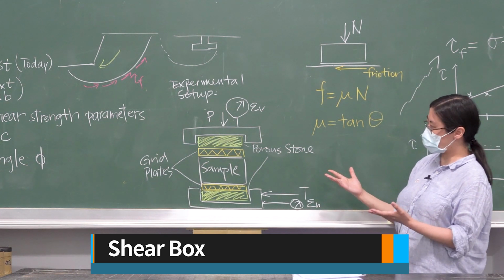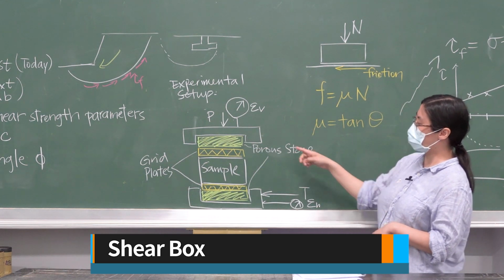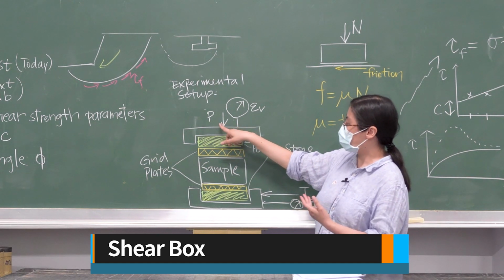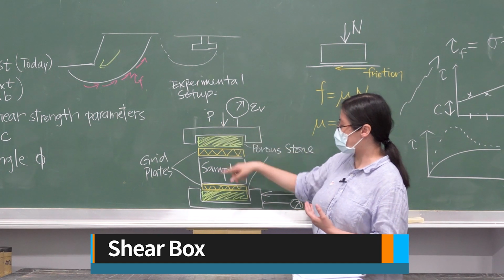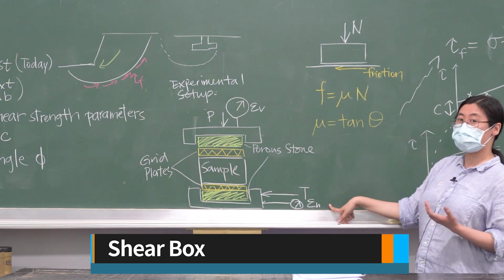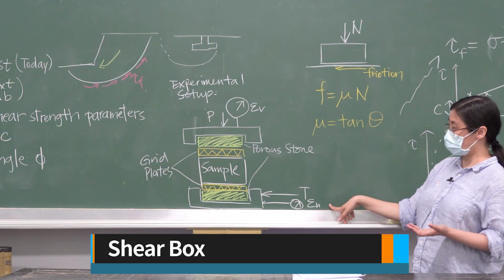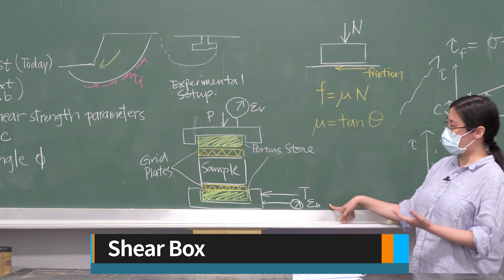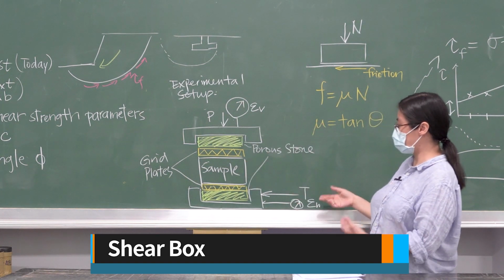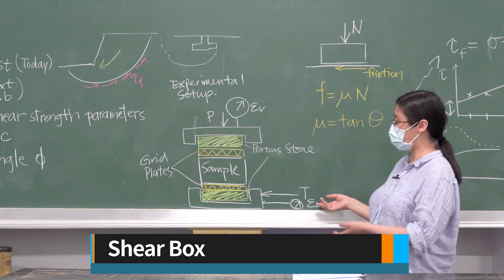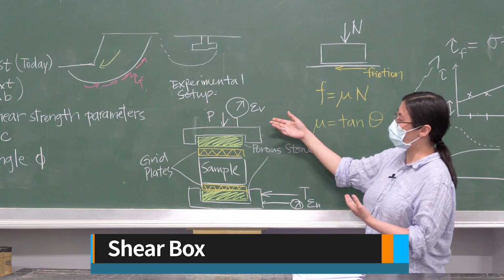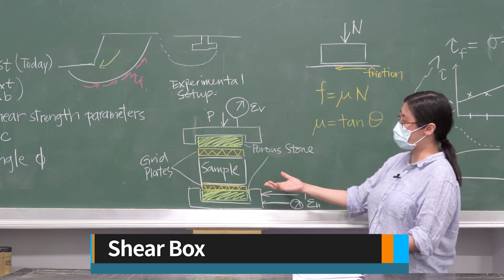To run the test, you apply some vertical load. We will call this P, the normal load applied to the sample. In addition, we apply horizontal loading to the shear box. For a given normal load, you need to keep track of the horizontal movement and also the vertical movement of the sample.